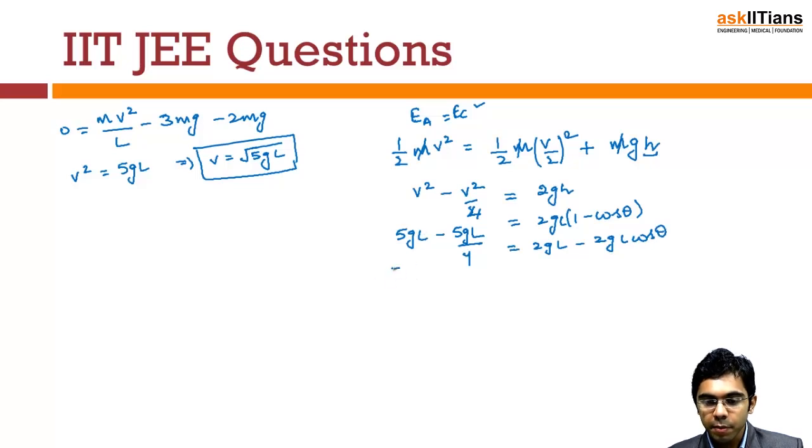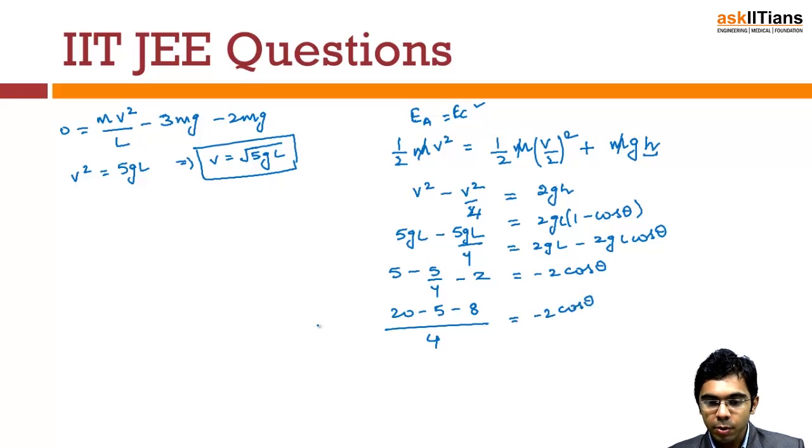We get 5 minus 5 by 4 minus 2 is equal to minus 2 cos theta. This comes out to be (20 minus 5 minus 8) divided by 4, so it will be 7 by 4 equal to minus 2 cos theta.